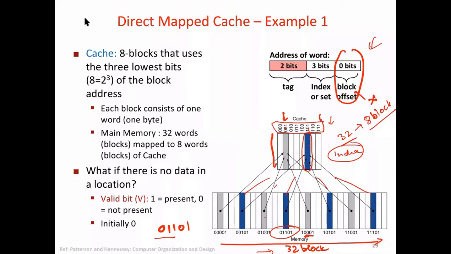There are 8 positions, so these lower 3 bits are the index, and the upper 2 bits represent which of these blue color blocks is actually available here.